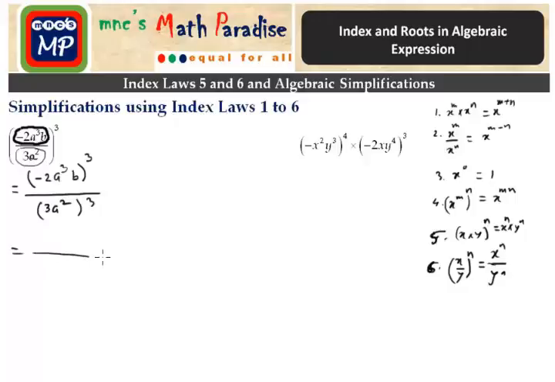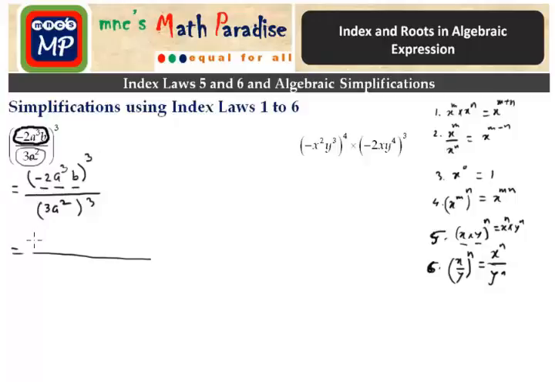Okay, now at the numerator we got three terms multiplied and their common power is 3. So we use index law 5: when there are multiple terms multiplied and they have a common power, we can distribute that common power on each of the terms.